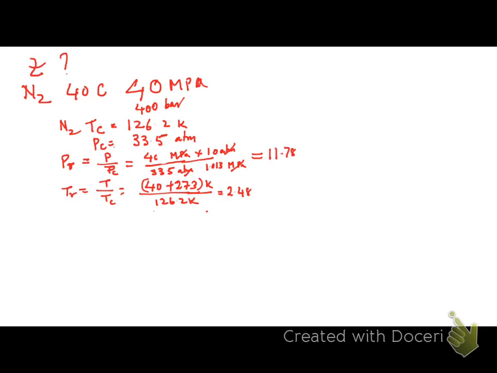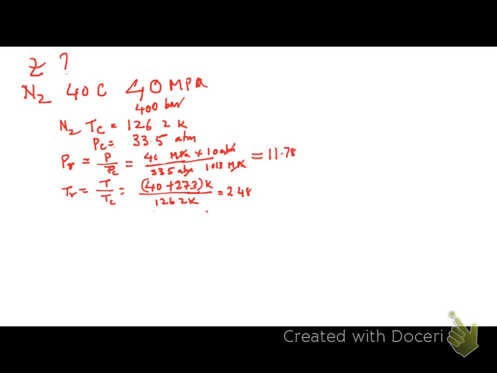So let's say 10, 11, 12, roughly, and then on the TR, the dark lines there, TR is equal to 2.48 for us.